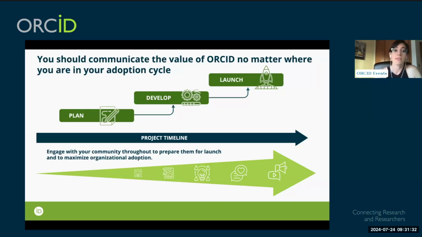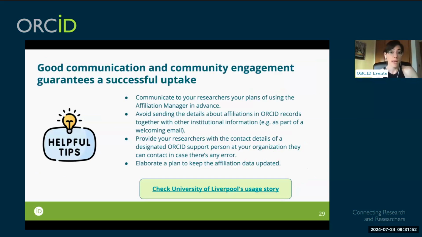In the planning phase, we also recommend you to establish a plan for updates. So how often you're going to update those affiliations, for example, with dates or when roles are changing. In general lines, good communication and community engagement guarantee that the uptake of the tool is successful.